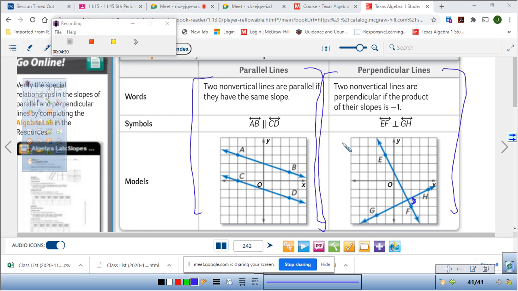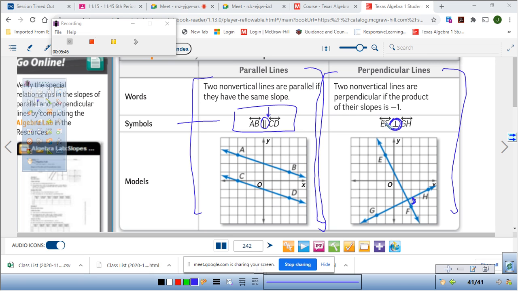How do we feel, guys? Y'all ready to move on? Make sure you write the symbols. This is perpendicular. This is, my gosh, I'm sorry, that's parallel. That's perpendicular.